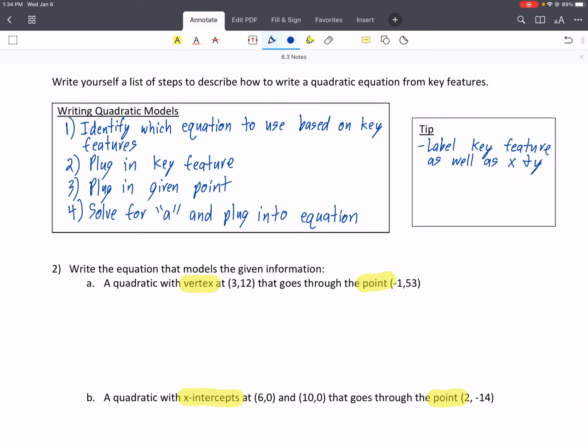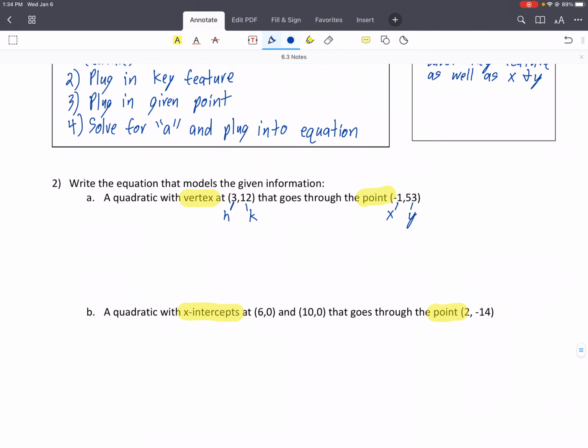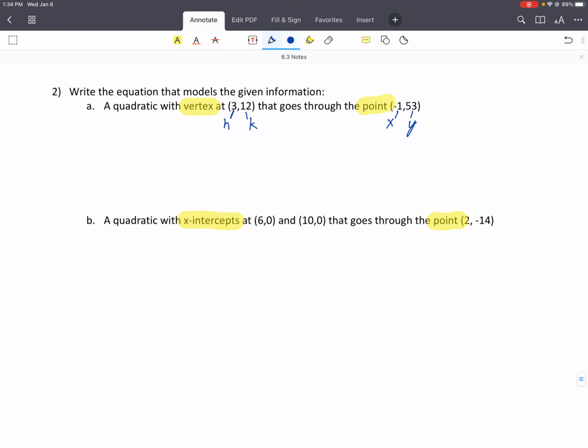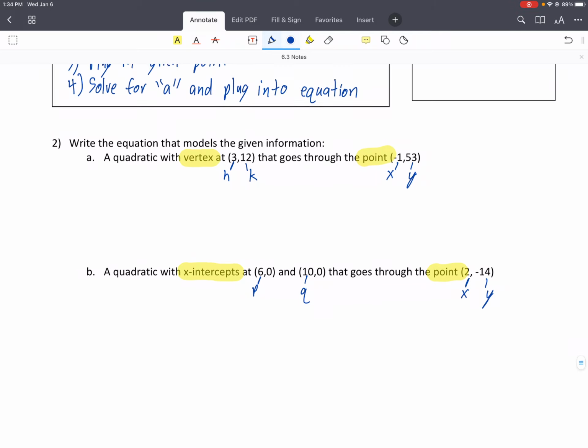So meaning by that, if this is our vertex, 3 would be our h, 12 would be our k, -1 would be our x, 53 would be our y. For B down here, we could say 6 is our p, 10 is our q, then 2 is our x, and 3 is our y.